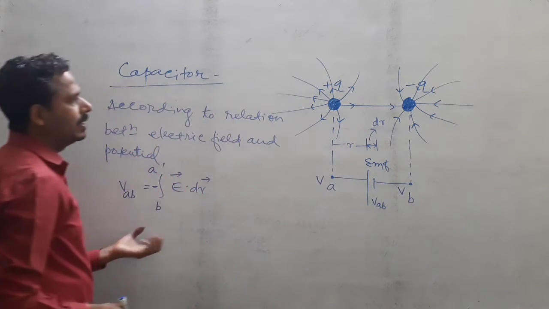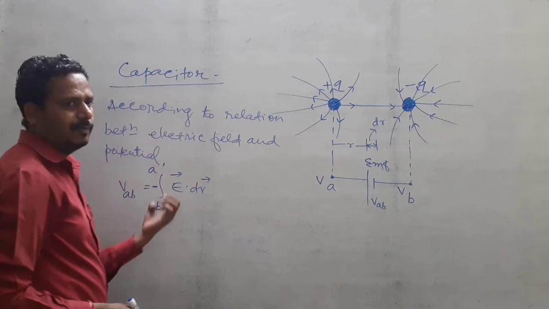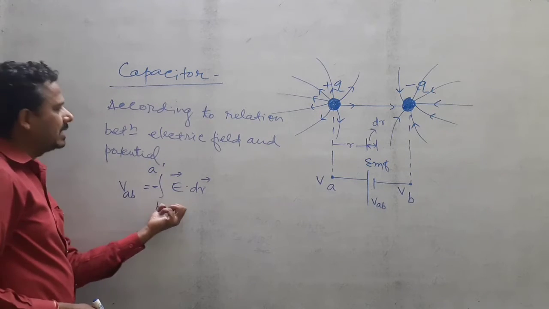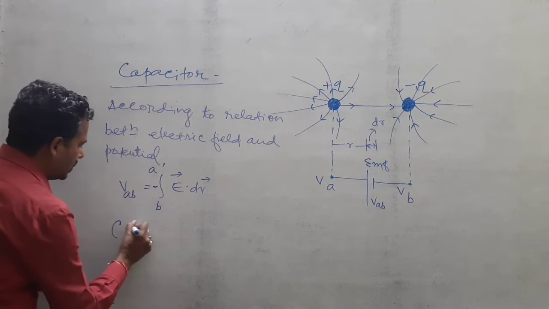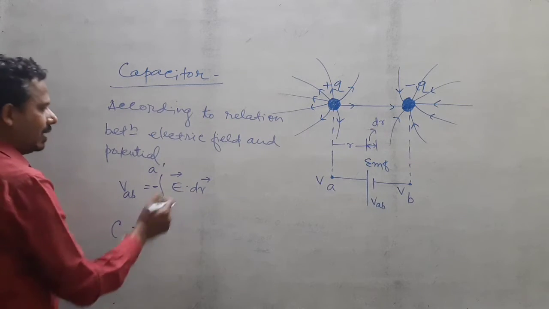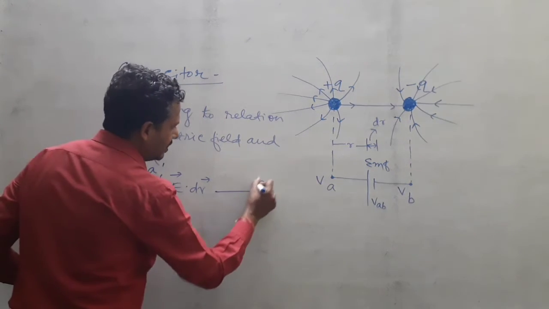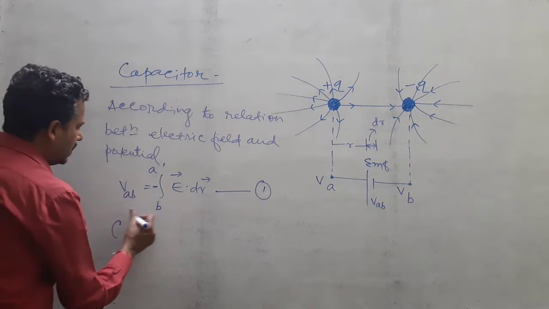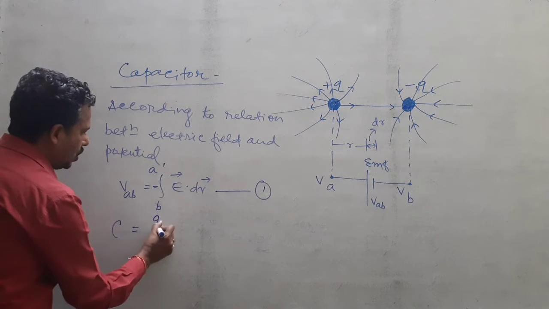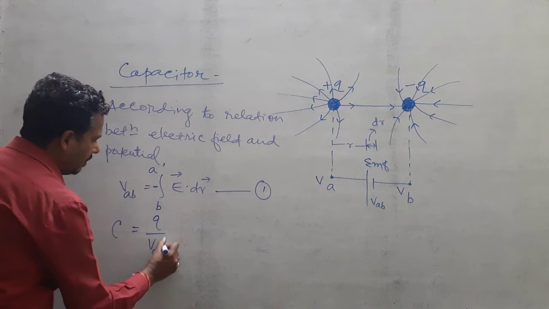Right, now you have to find the capacitance in terms of electric field lines. So we know that C is equal to Q by V. You just take this as equation 1. From equation 1, C is equal to Q by VAB.